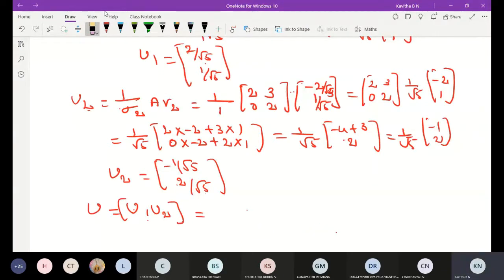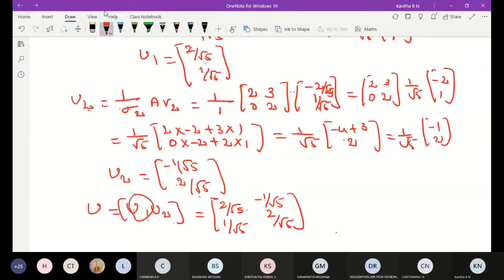Ashita, Akshita? Yes, ma'am. Chandan? Yes, ma'am. u1 is 2 by root 5 and 1 by root 5. Then u2 is minus 1 by root 5 and 2 by root 5. Okay.